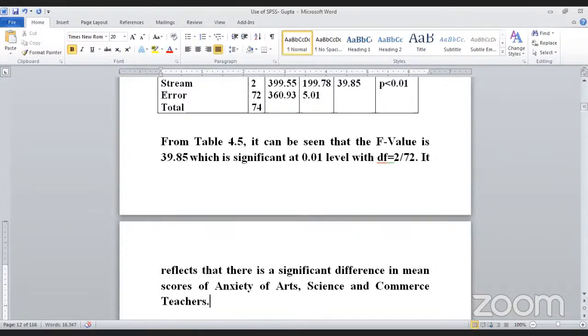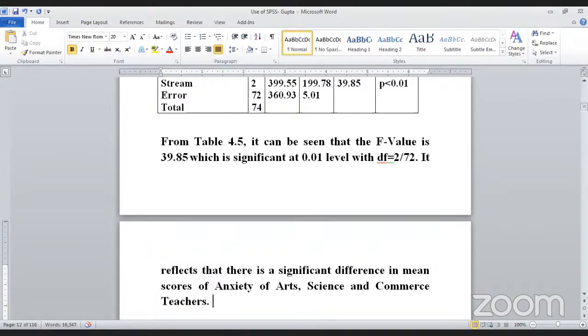If F value is significant, the meaning is that the mean scores of anxiety of art, science, and commerce teacher differ significantly. So there is a significant difference in mean scores of anxiety of art, science, and commerce teachers.